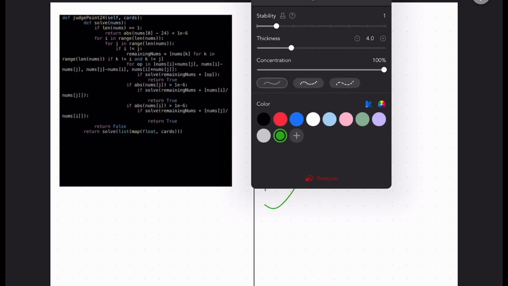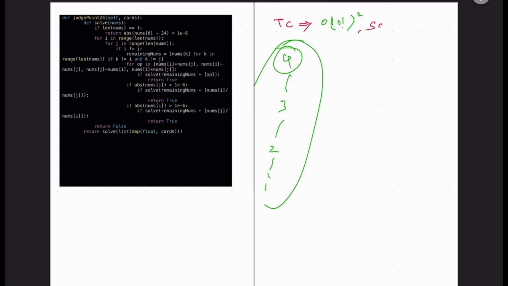Then the space complexity for this: initially we'll be passing order of 4, then we are passing 3, 2, 1 arrays, which is constant, it's not order of n every time. So here we'll be storing order of 3, plus order of 2, plus order of 1.